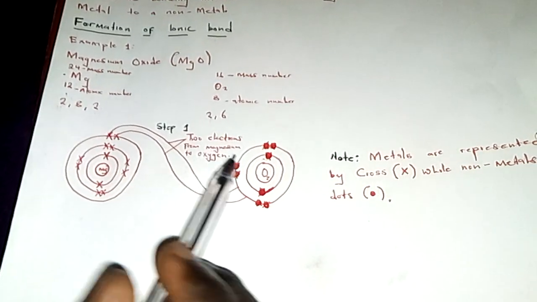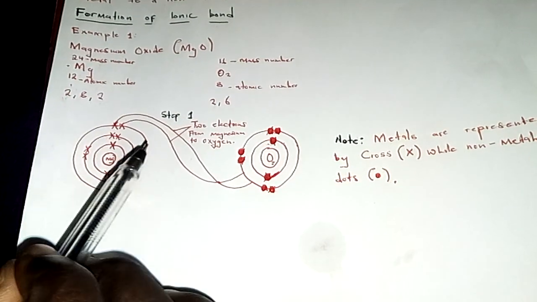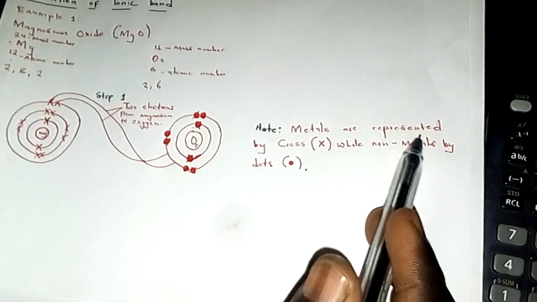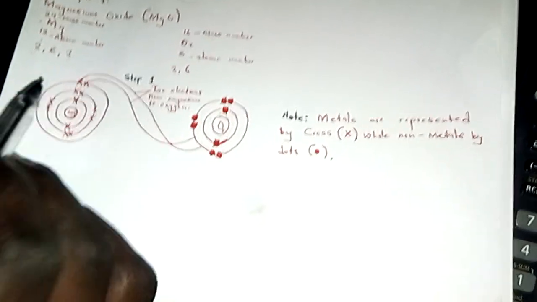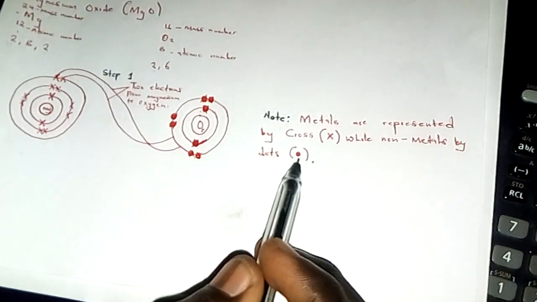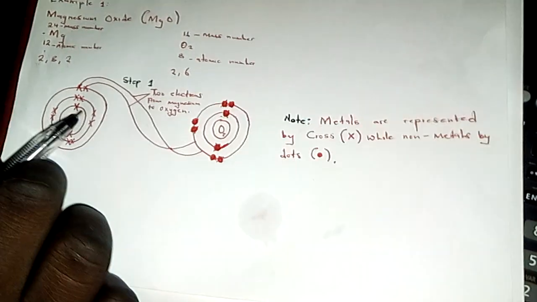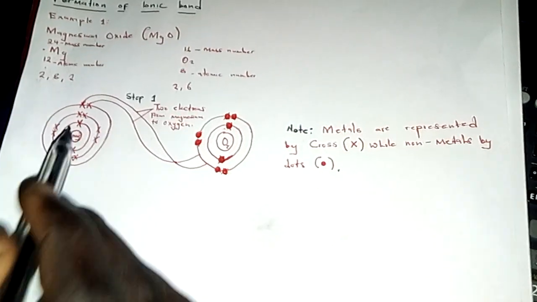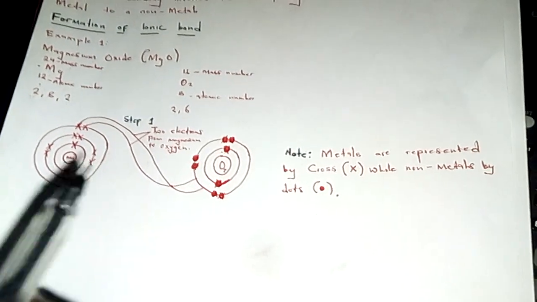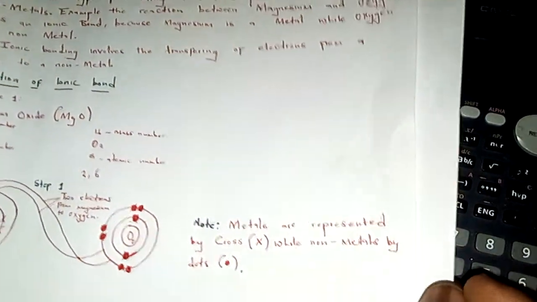A point to note here: metals are represented by crosses, while non-metals are represented by dots. So whenever you are writing an ionic bond, the electrons for a metal must be represented by a cross, and for the non-metal, by a dot.